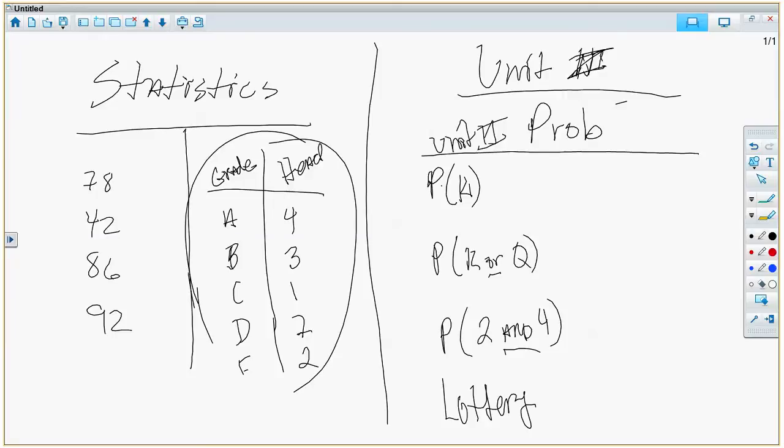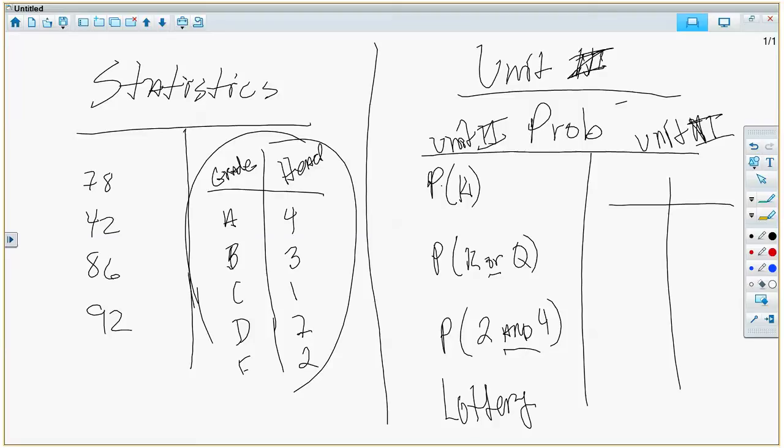Unit 3, we're taking these and putting them in a frequency distribution. But we can't call it a frequency distribution, so we keep the distribution part, but we call it a binomial distribution, or a probability distribution. You with me?